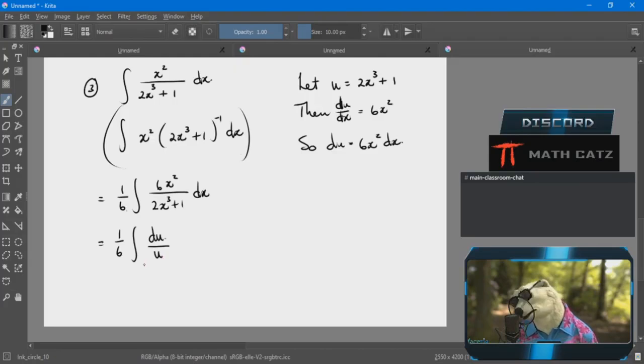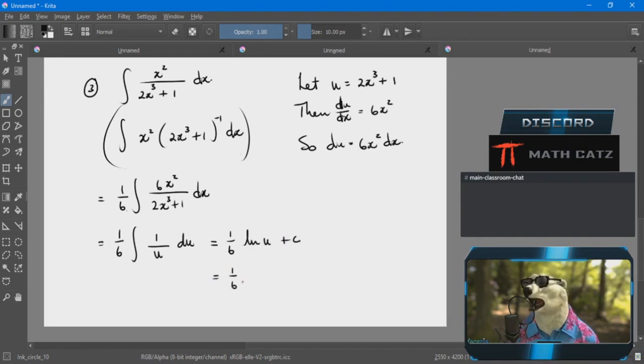I choose not to, because in this early stages, it can look a little bit strange to some. Instead, I will always put my differential at the end to help me recognize what to do with the antiderivative question. 1 over u, oh, that's natural log of u plus c, of course.